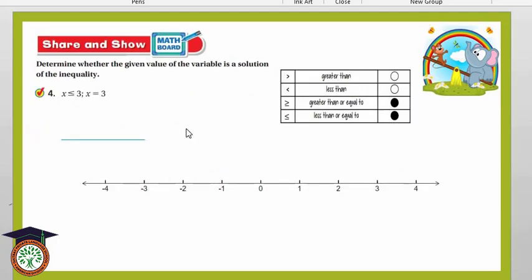Now look here at this example. Determine whether the given value of the variable is a solution of the inequality. Here we have x is less than or equal to 3. Given that x equals 3. So again, we have here 3. We're going to draw a circle around 3.